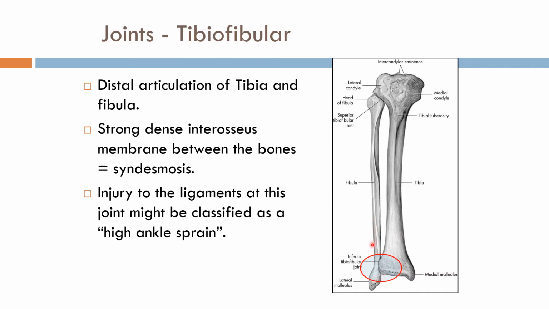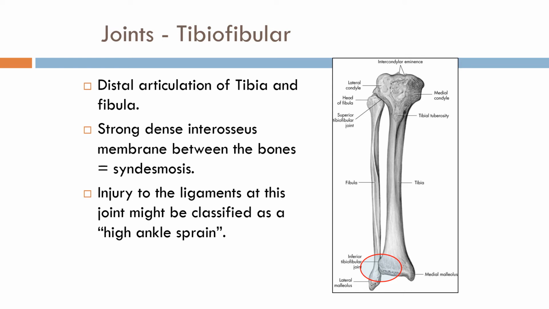and it makes it much more unstable when that area gets damaged. You also have the strong, dense interosseous membrane. It's not pictured here, but it's a big soft tissue structure that sits in between the two bones. As I said, injury to this area is called a high ankle sprain, and how high up it goes into the leg dictates the severity of it.